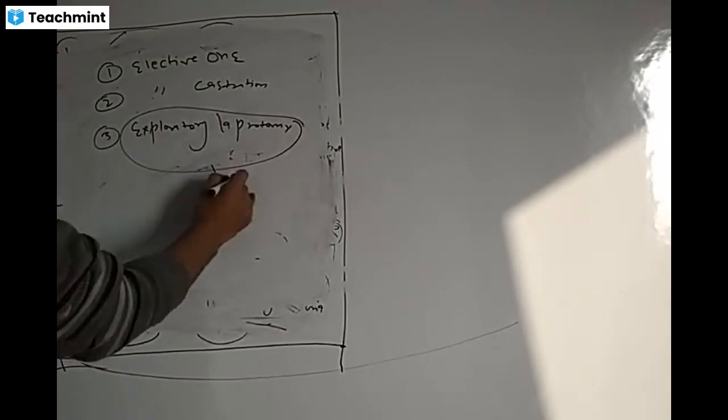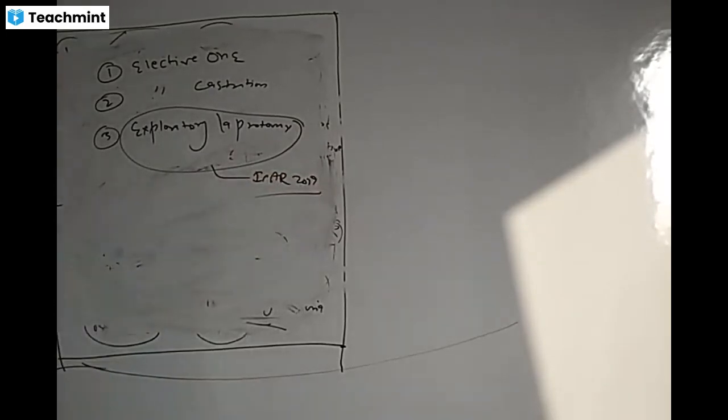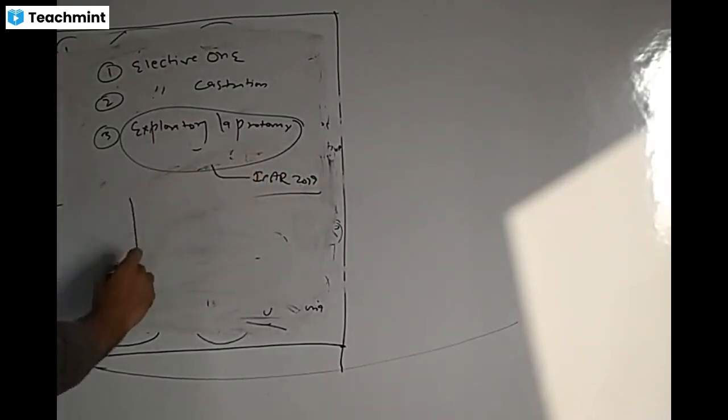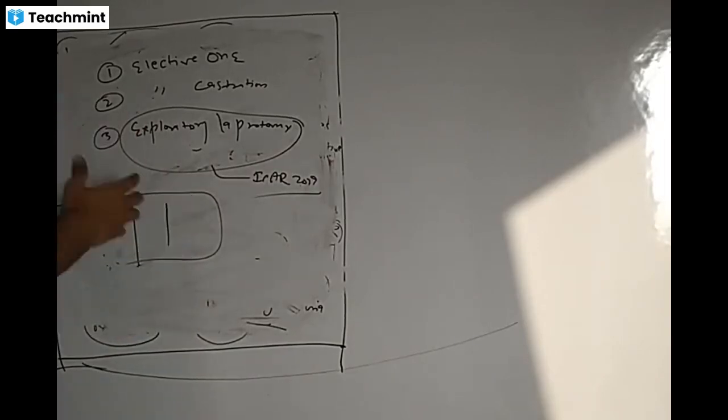This was asked in your ICAR 2019, that exploratory laparotomy is an example of clean surgery. In this laparotomy, we give one incision and we just open the abdomen and search for any disease process or any abnormality. So this is very clean surgery.